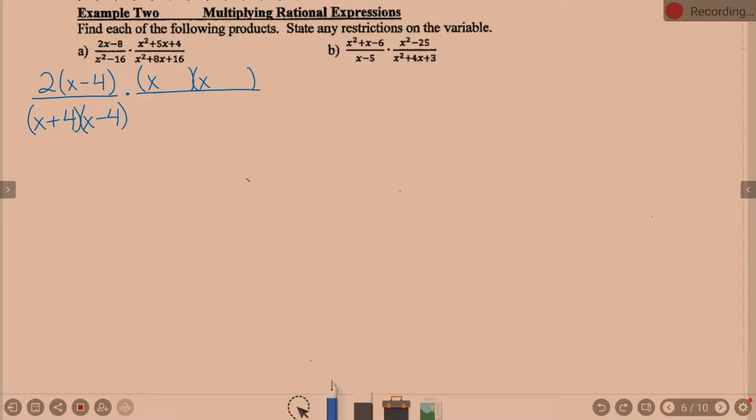Numbers that multiply to 4 and add to 5. 1 and 4? 2 and 2 aren't going to do it, are they? And if it multiplies to be positive and it adds to be positive, plus plus.